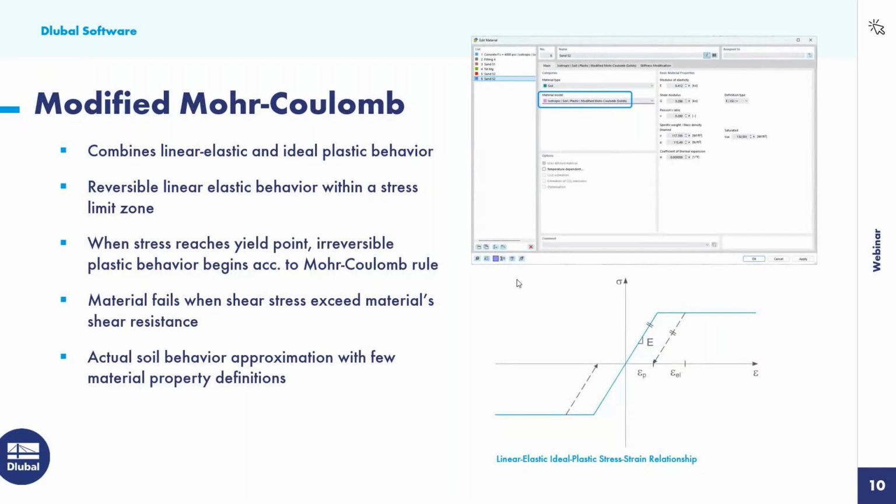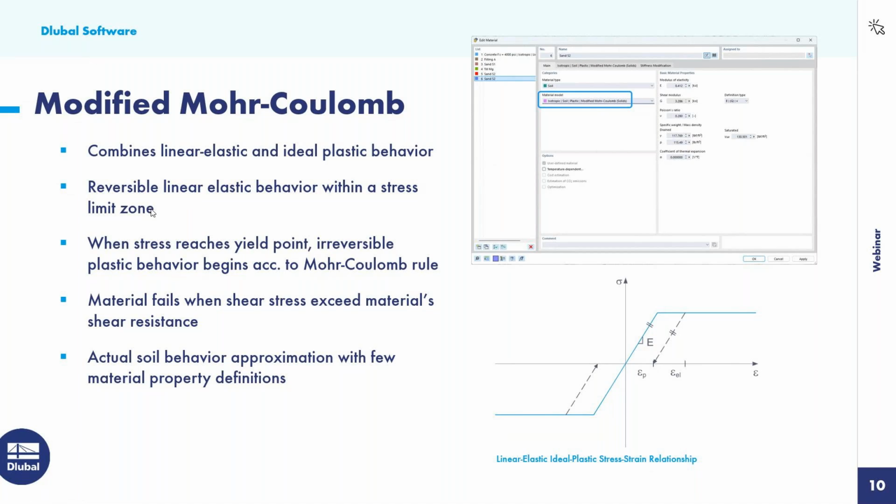So now we will investigate each one of these material models. I think it's important to have a fundamental understanding of what each one of them can provide and maybe the best scenario to use this in your model. We'll begin here with the modified Mohr-Coulomb. This is going to combine linear elastic and ideal plastic behavior. So essentially, we have a reversible linear elastic behavior within a stress limit zone.